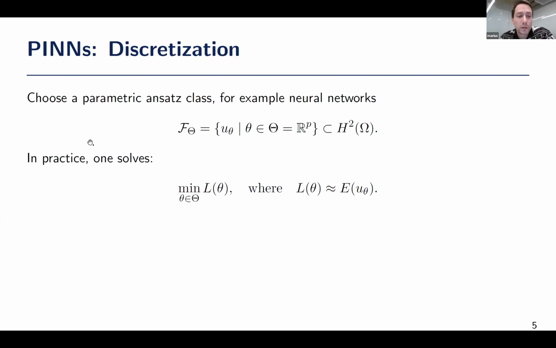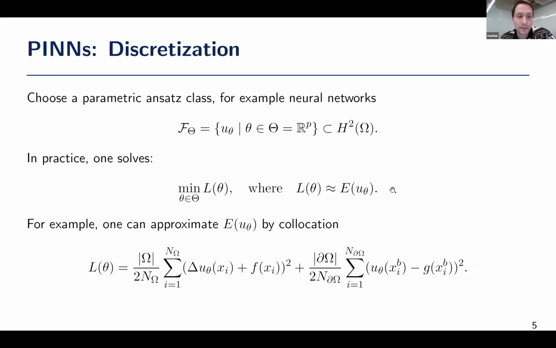Then what is done in practice is to solve a minimization problem over the trainable parameters. Here I introduce L for the loss function, and the loss function L is approximately E, the minimization formulation of the PDE, and it's only approximately E because we need to discretize integrals.